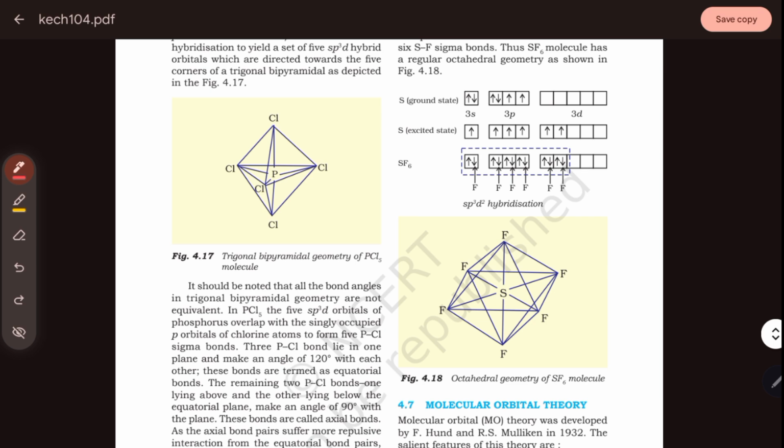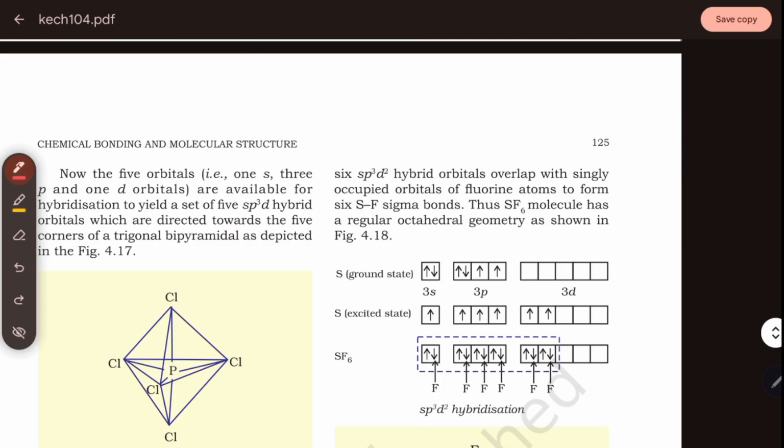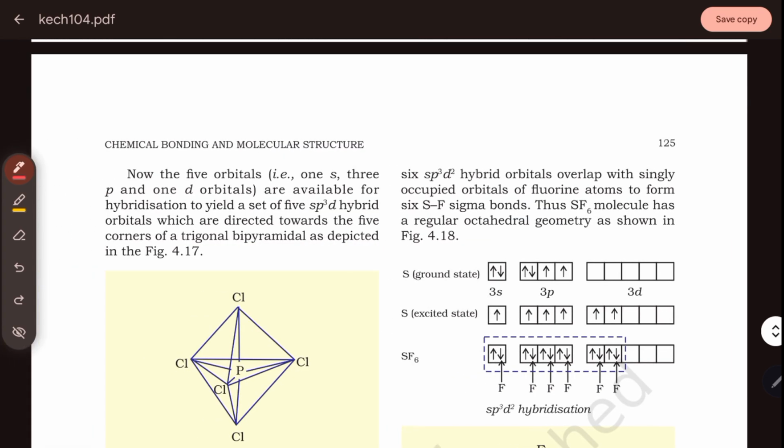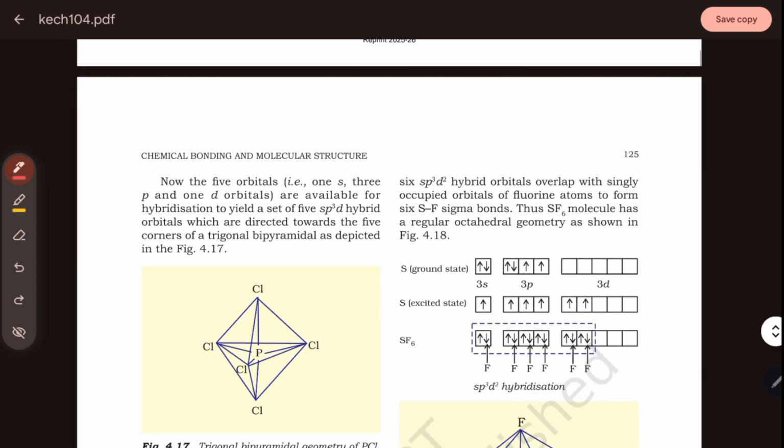If you have to derive the hybridization, derive it by writing the electronic configuration of the valence shell of the central atom in the ground state, and then write the excited state electronic configuration. See how many surrounding atoms are there, how many electrons the surrounding atoms are actually giving for bonding, and then you judge the hybridization.